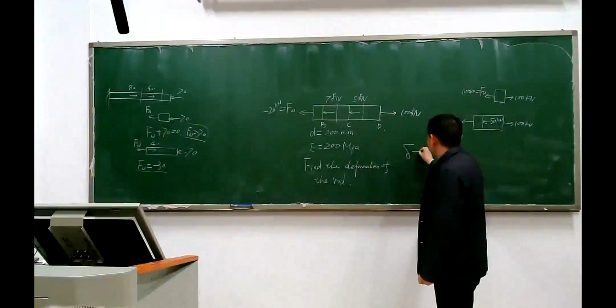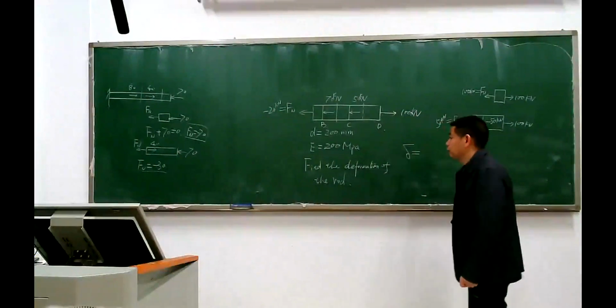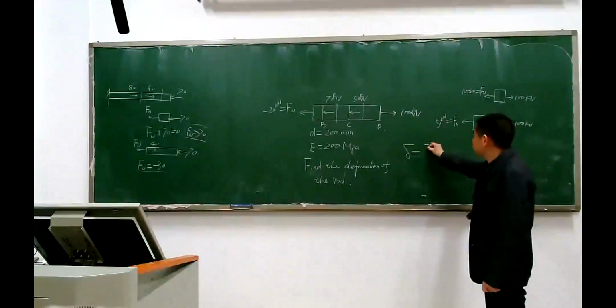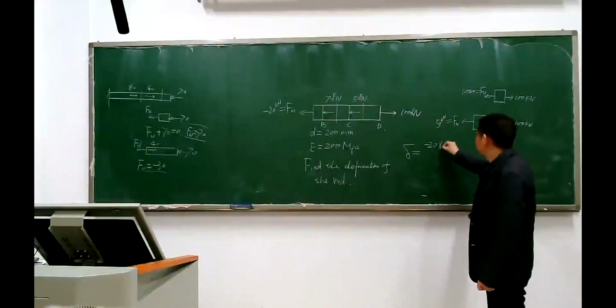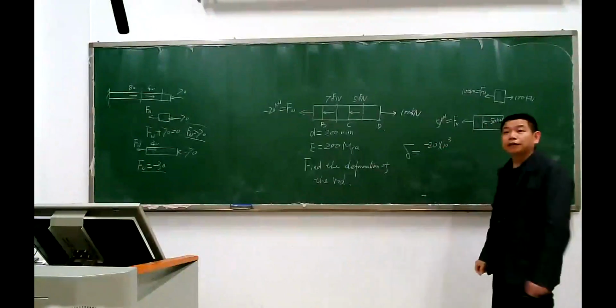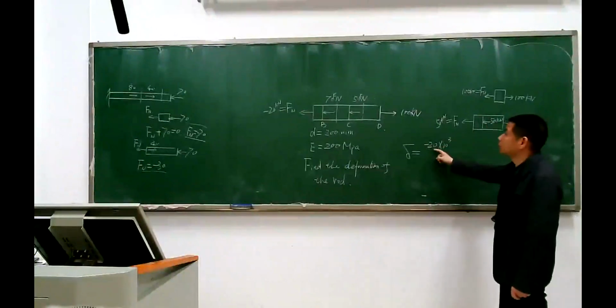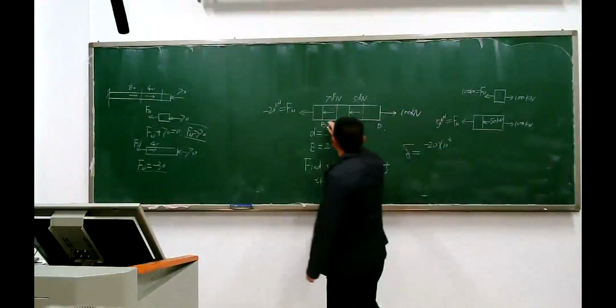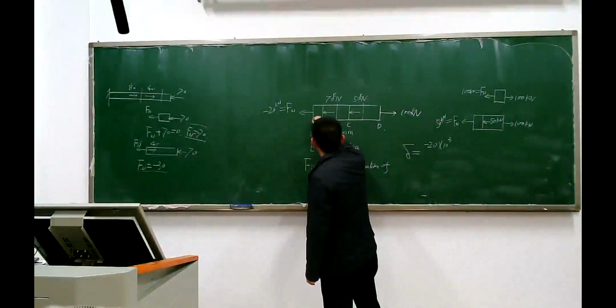delta L. BC is minus 20. The unit is in SI. Oh, the original length, I didn't get the original length.